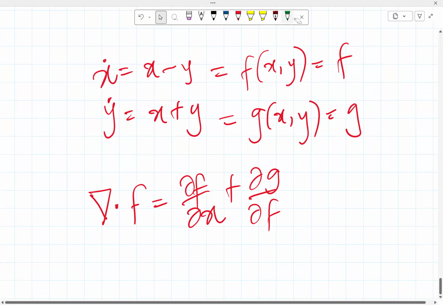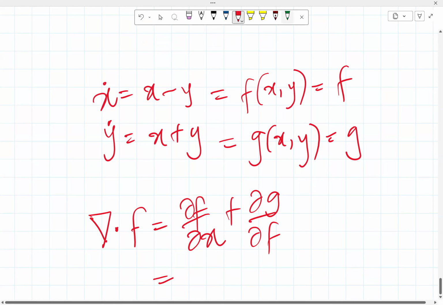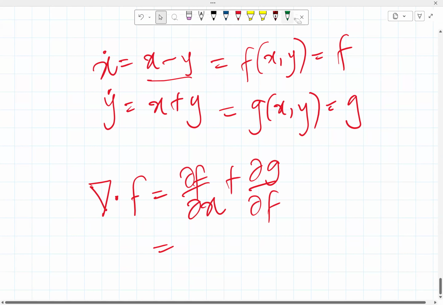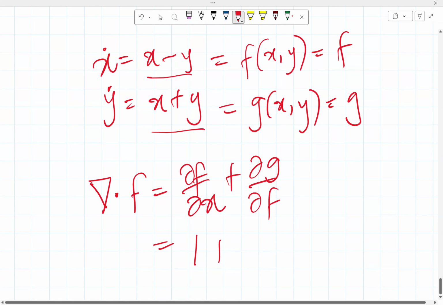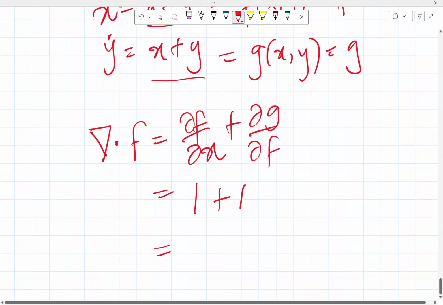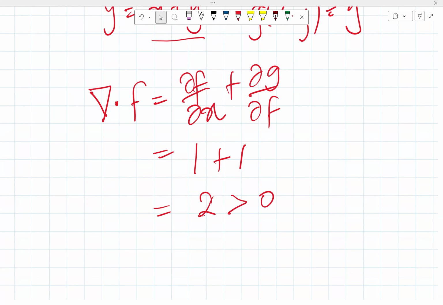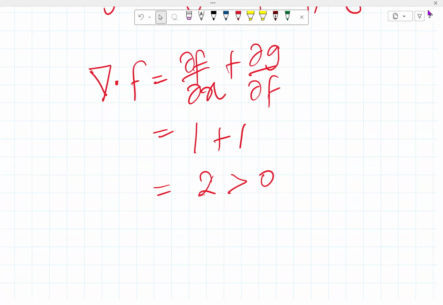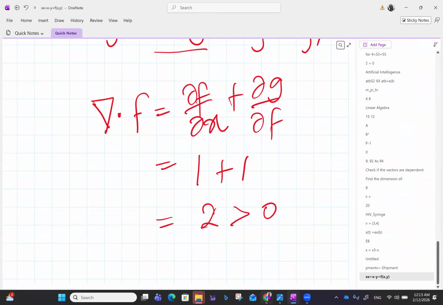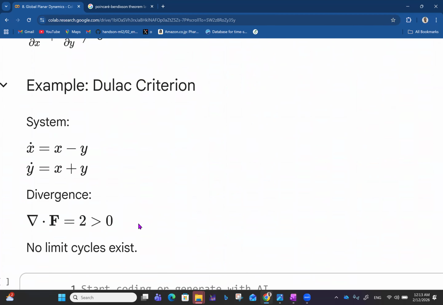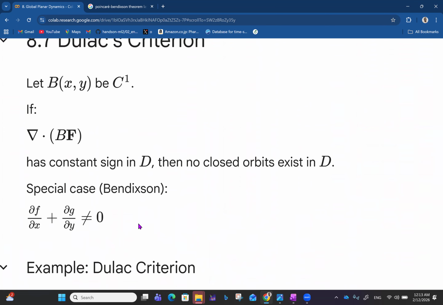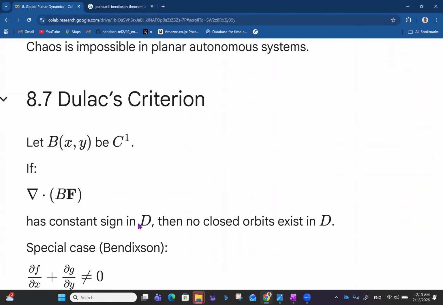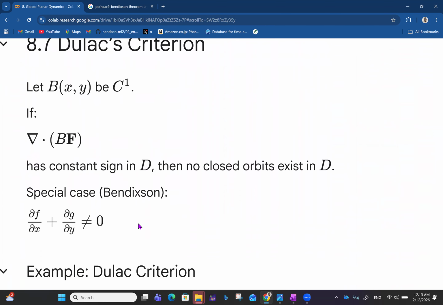Differentiate this with respect to x, you get 1. Differentiate this with respect to y, that's another 1. So you then have 2, and that is greater than 0. So that means that there are no limit cycles. So that's what the Bendixson-Dulac criterion gives to us.